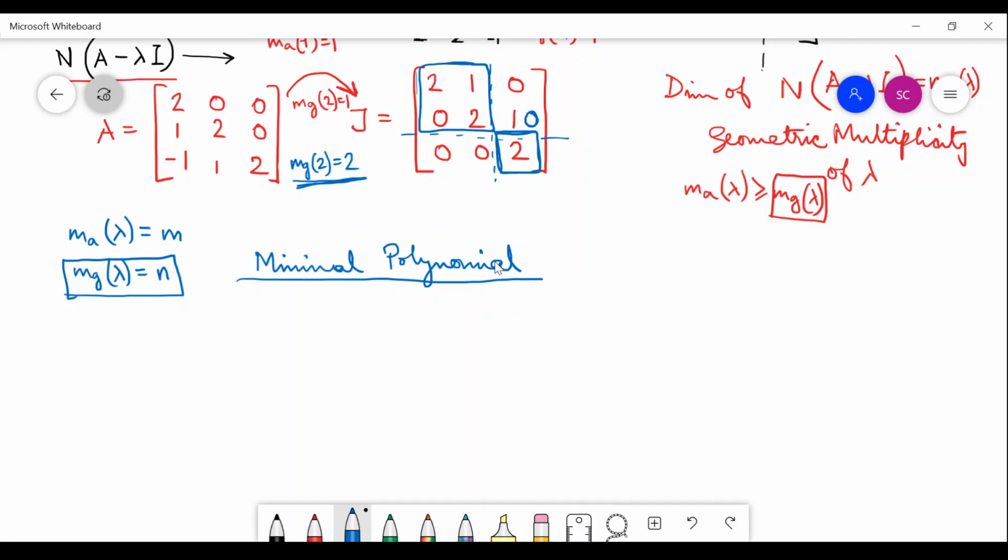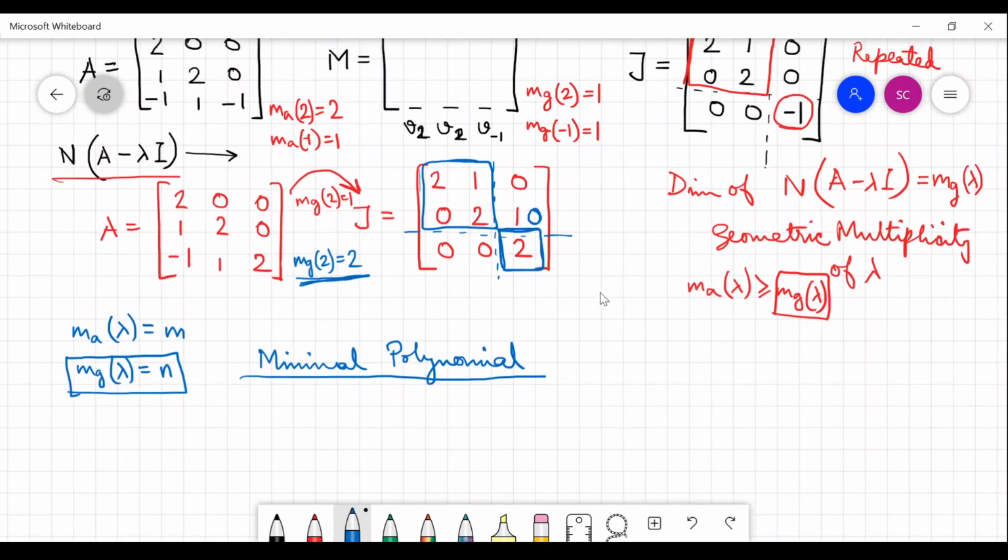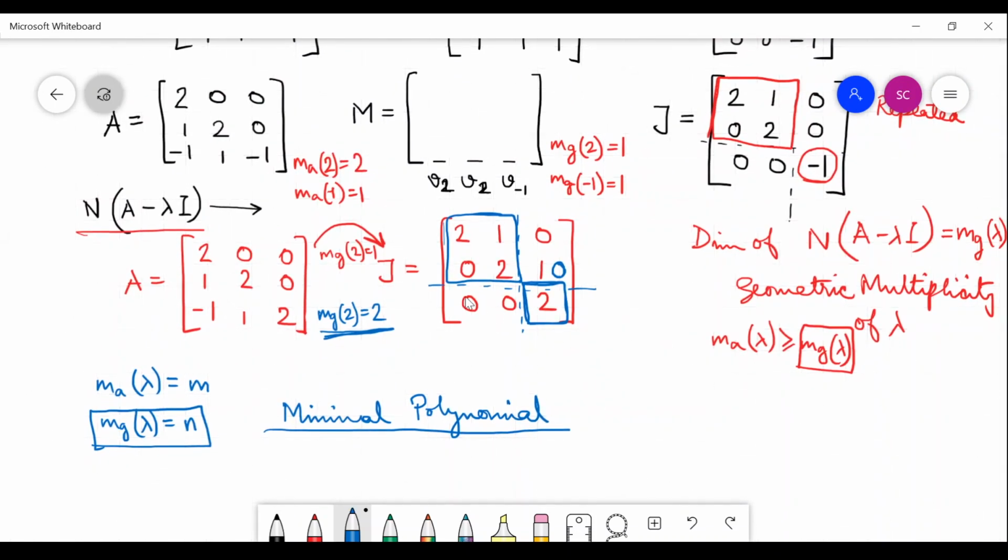But before going into the concept of minimal polynomial, let us just investigate for once what was actually the geometric multiplicity of these eigenvalues 2 in this matrix and this matrix. Let us take only one matrix.